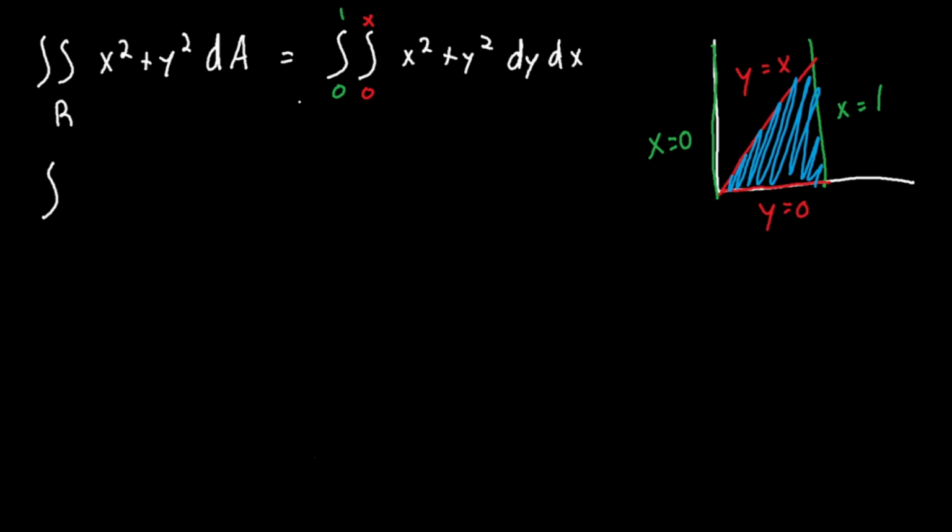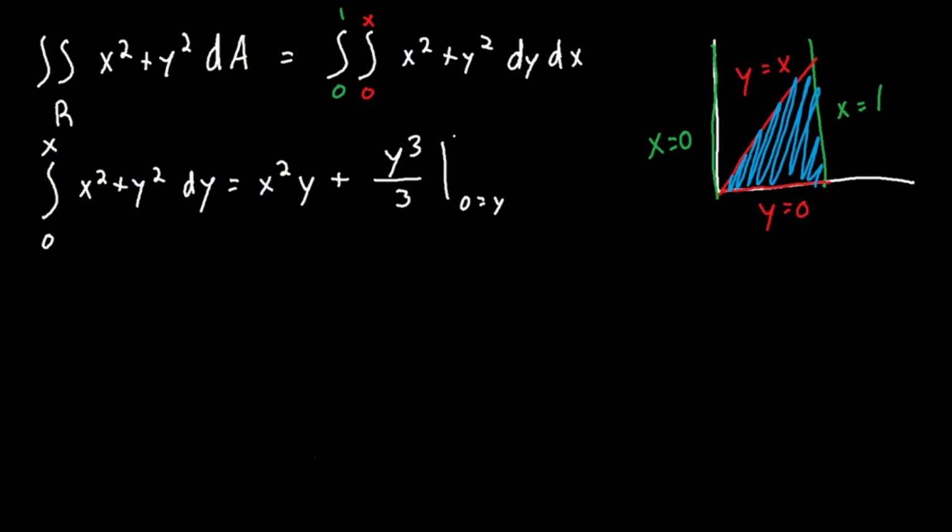Now all I have to do is solve for it. So I'm going to integrate with respect to y first. So I'm going to take out the x integral for now. And we're just going to integrate with respect to y. And the integral of this with respect to y is, oh, no, xy plus y to the power of 3 over 3 from y equals 0 to y equals x.